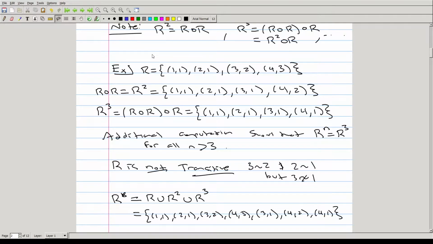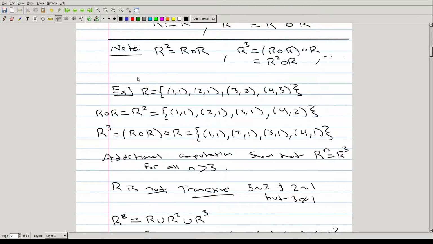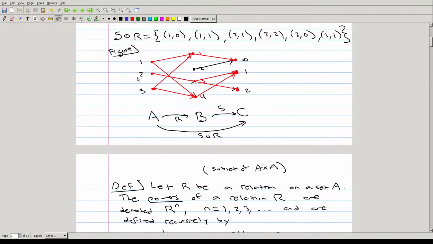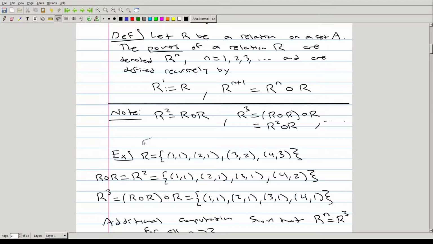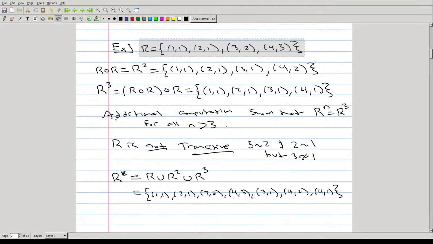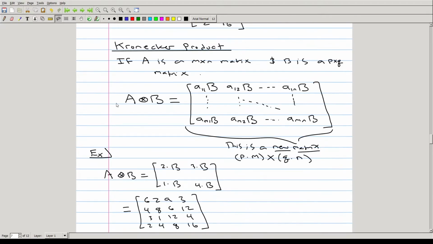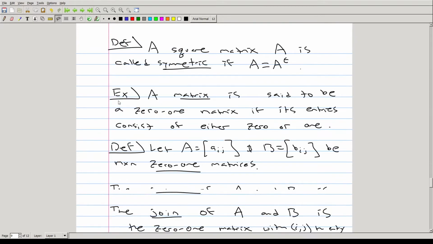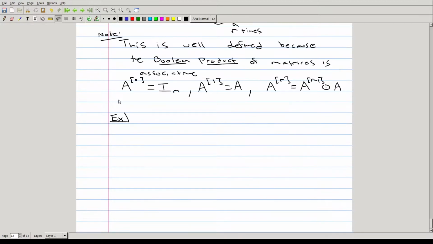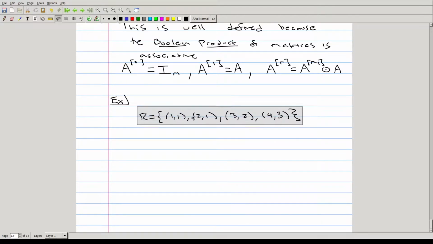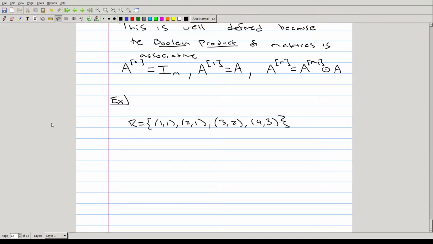So let's look at this relation R, and this is a relation on the set B, one, two, three, four.